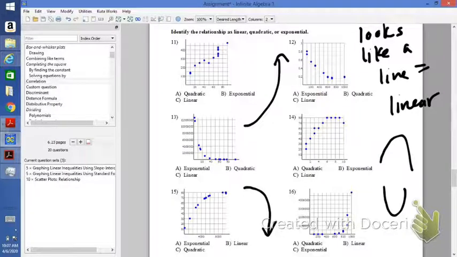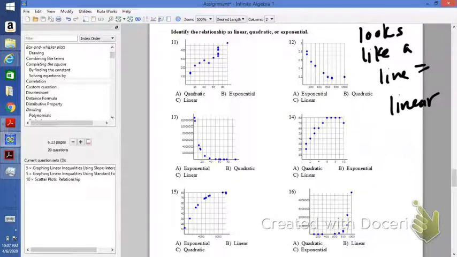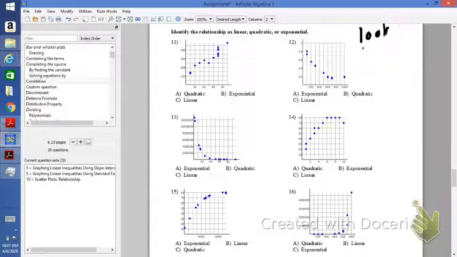Now, when you look at this worksheet, it can be tough to tell the difference between a quadratic or an exponential, but look at how it finishes. Let's look at 14 and 16. If you look at 14, notice how it looks like it's increasing and then it starts to hook back down a little bit.